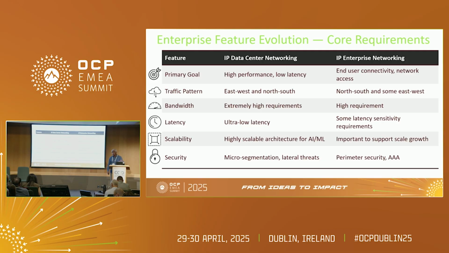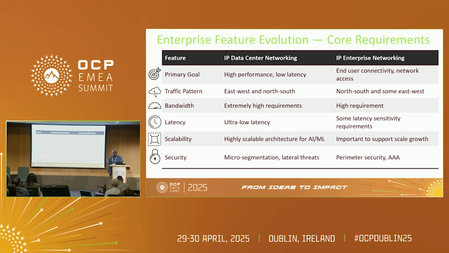Highways carry cars, so do local roads, but they have different purposes, right? One is all about throughput. One's all about getting as fast from point A to point B as possible. The other one has more, I'll call it, control plane features. You've got traffic lights. You've got ways to control how traffic flows. A very similar analogy applies to data center versus enterprise.